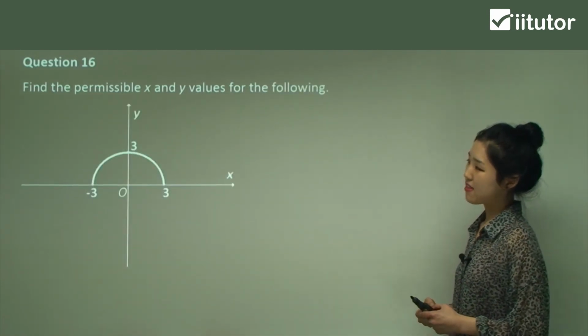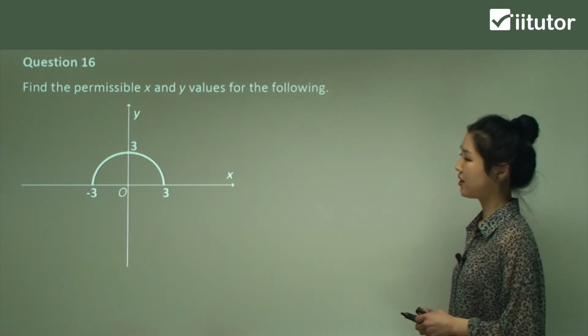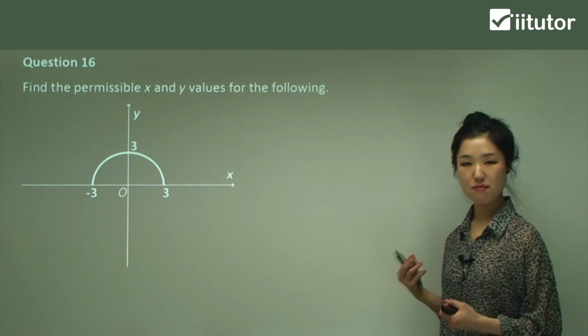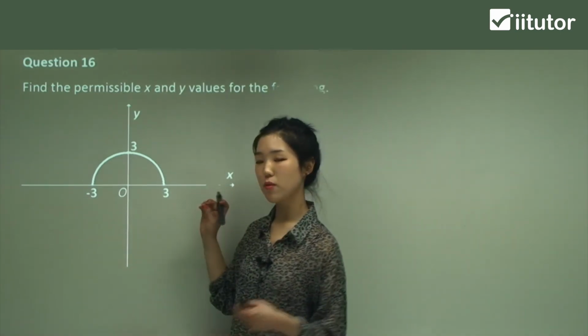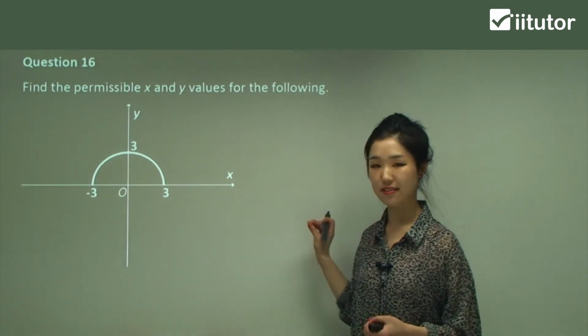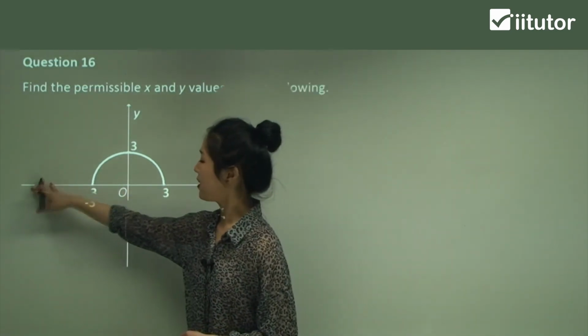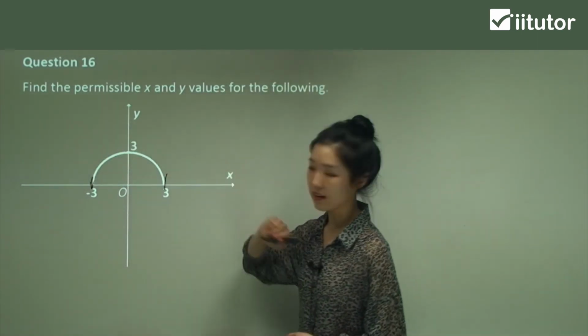Now 16, find the permissible x and y values for this graph. Okay, I'm going to start by finding my x values. When we're looking for our permissible x values, we only concentrate on the x-axis. And this is our x-axis, and the graph only starts from here and ends here.